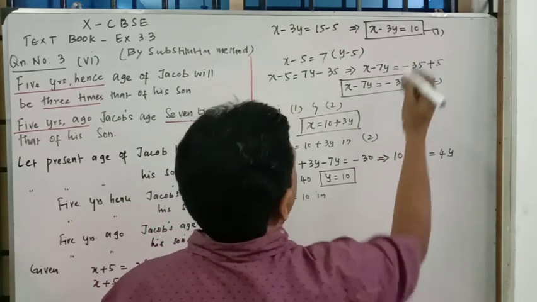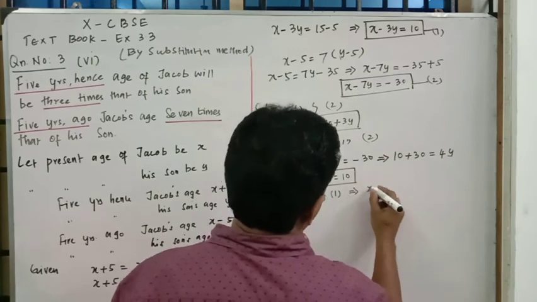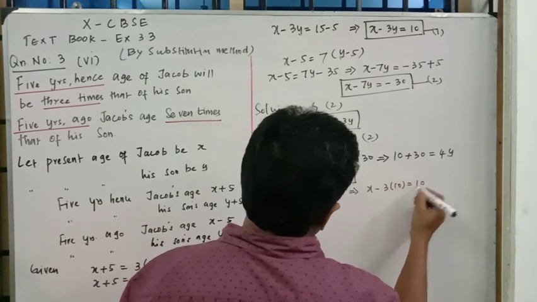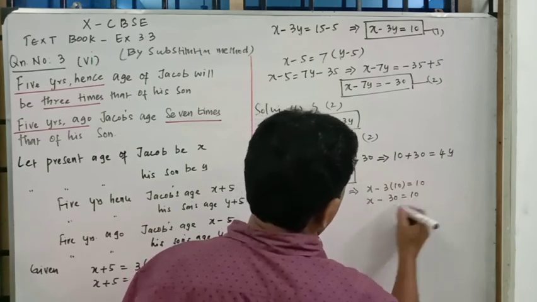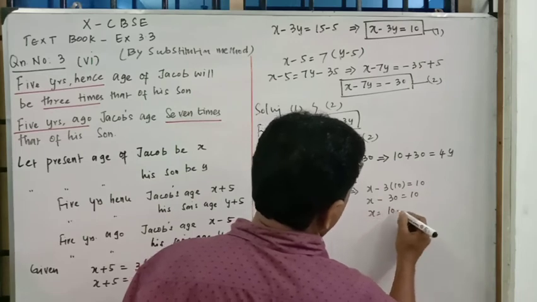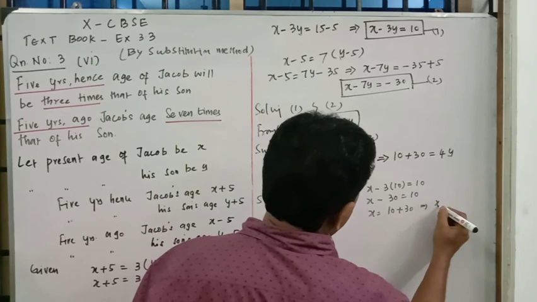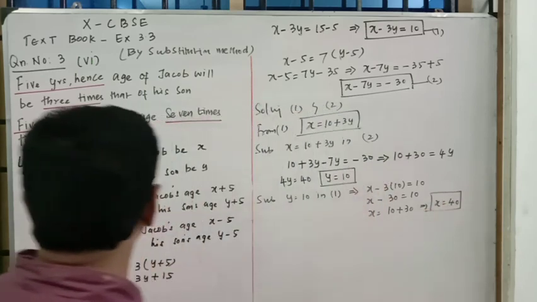So substitute this Y value in any one equation, 1 or 2. X minus 3 into 10 equals 10. X minus 30 equals 10. X equals 10 plus 30. Therefore, X equals 40. So what is X actually?